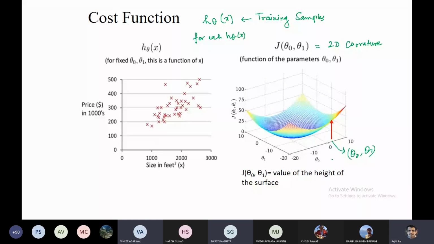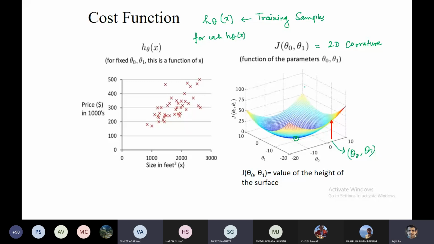Now what do we mean by minimizing your cost function? It means we have to find this end point here, the lowest point of this error surface. Now there is a big question: what is the nature of this error surface?